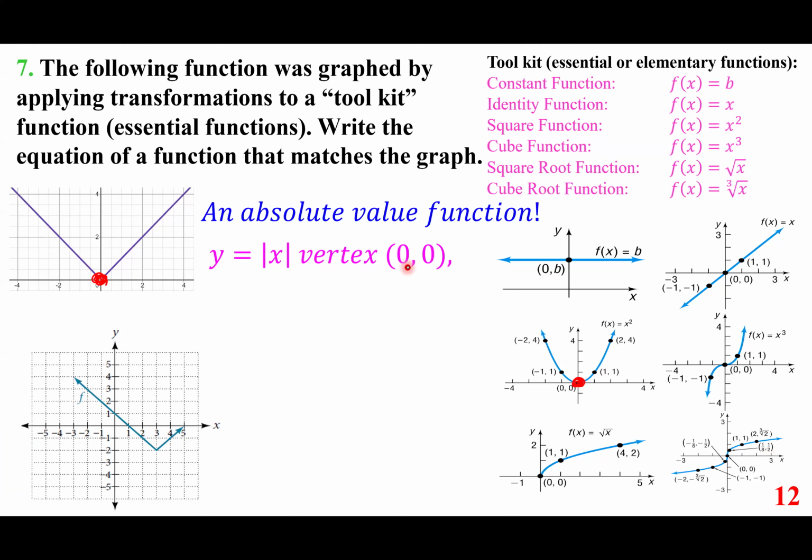Now, if you want to see what happened here, just follow the vertex. The vertex from 0, 0 goes to what? 3, -2.